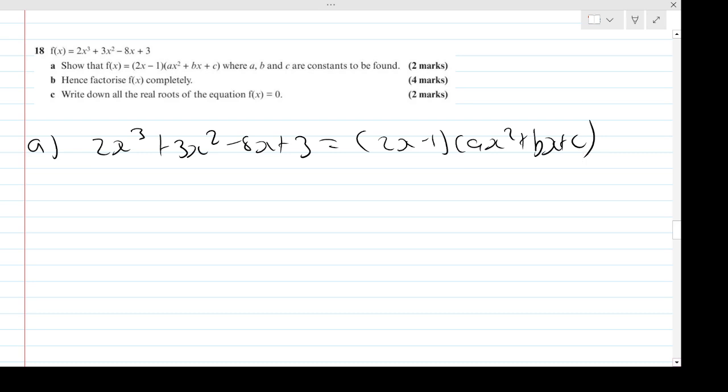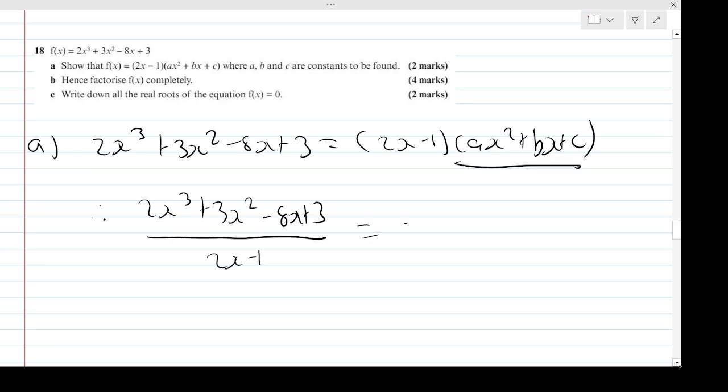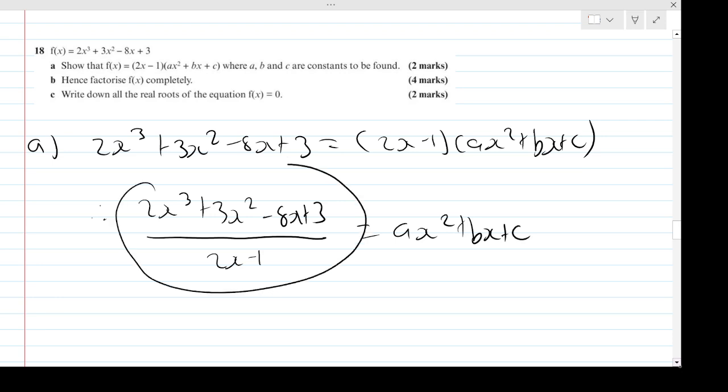But actually instead, if I just want to find this factor alone, I can just divide both parts by 2x minus 1. So therefore 2x cubed plus 3x squared minus 8x plus 3 over 2x minus 1 will get me ax squared plus bx plus c, right? But this fraction is just a division.